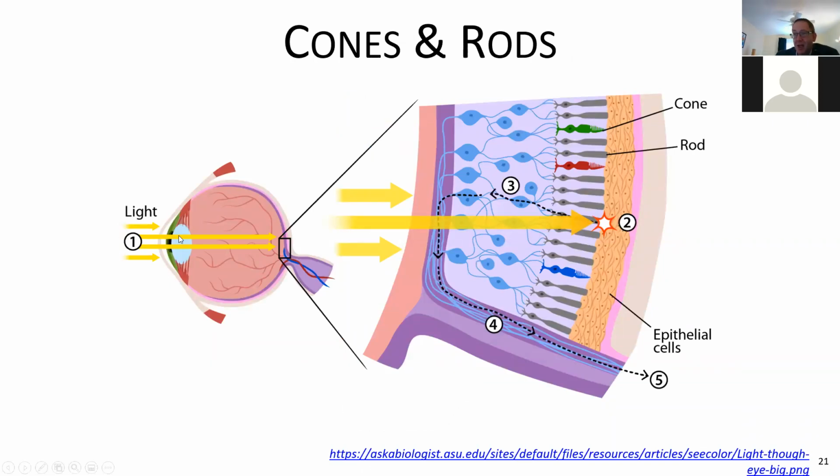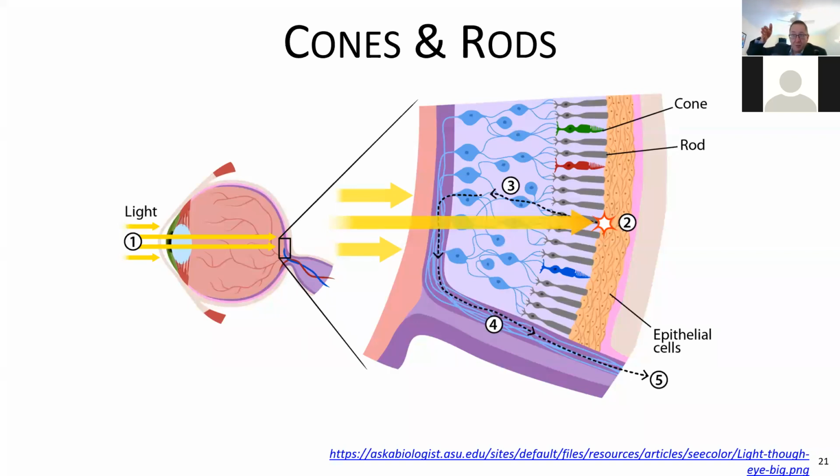So light comes in, it gets focused, it hits this spongy bunch of epithelial cells at the back of your eye, which just bounce the light off. And then you have a whole bunch of receptors, neurons essentially, but they're rods and cones, just waiting for it. They're photosensitive, light sensitive neurons.